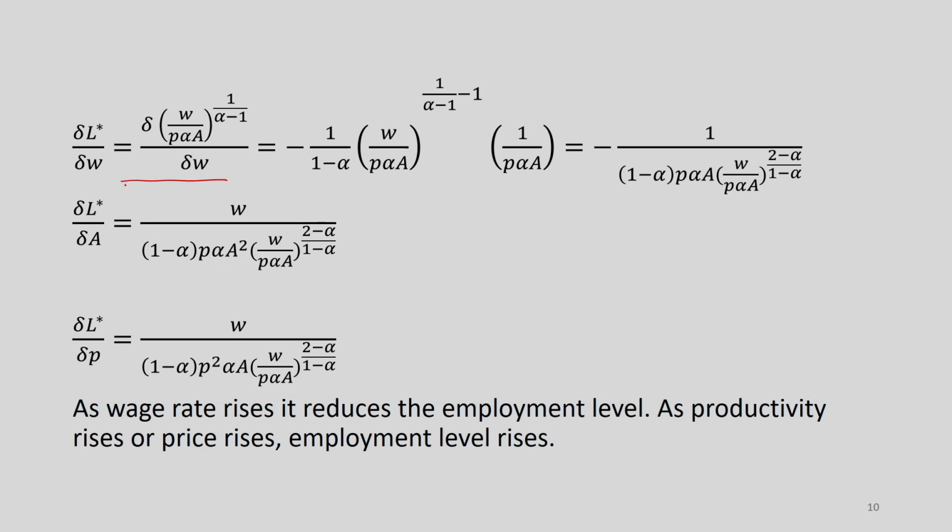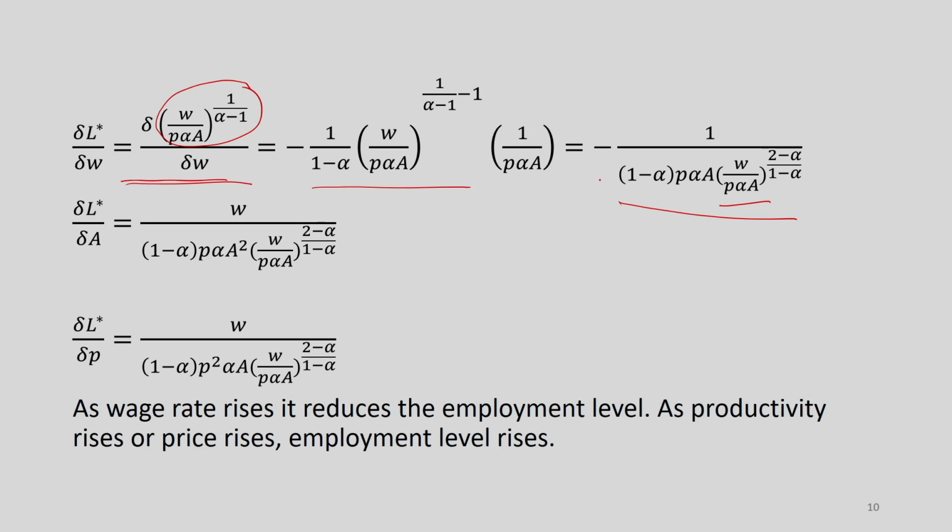I have to take the derivative with respect to W of this function, and after some steps it turns out to be this: minus 1 divided by 1 minus alpha, P alpha A multiplied by W divided by P alpha A to the power 2 minus alpha divided by 1 minus alpha.